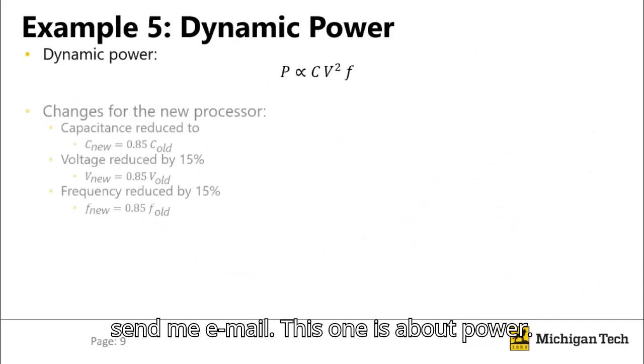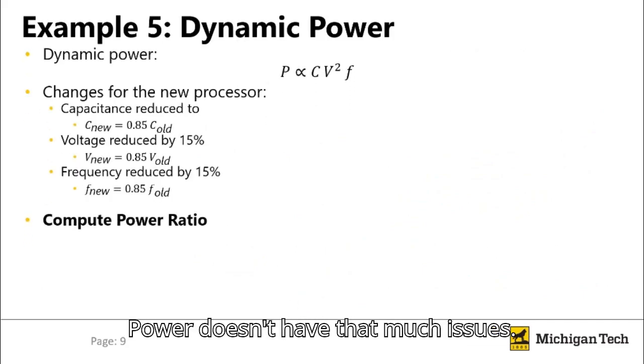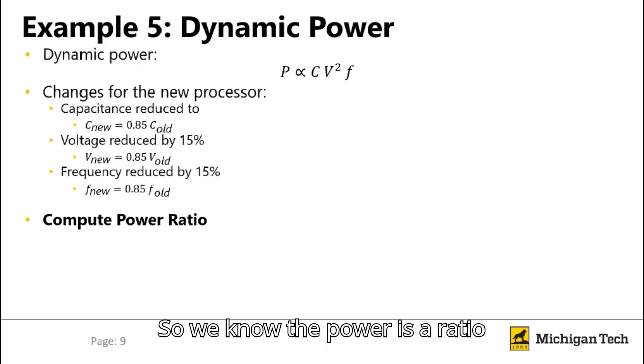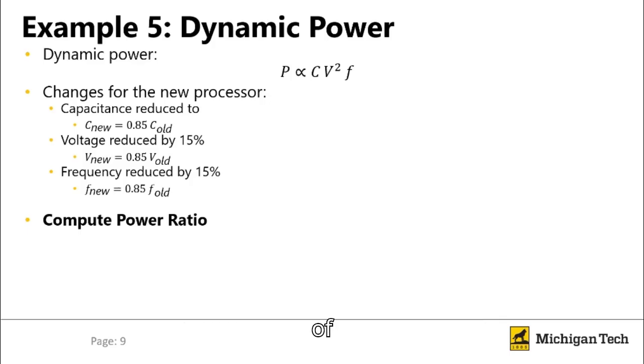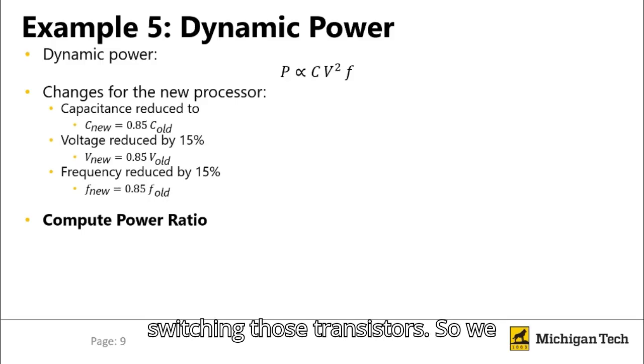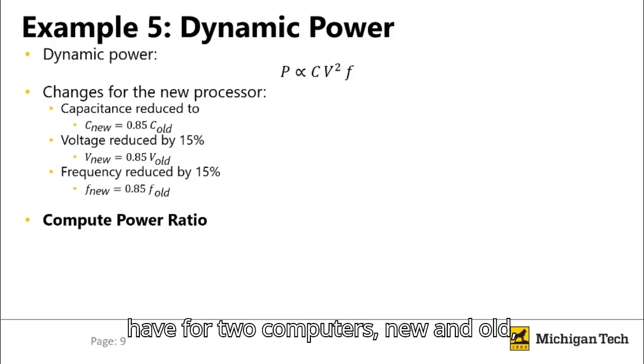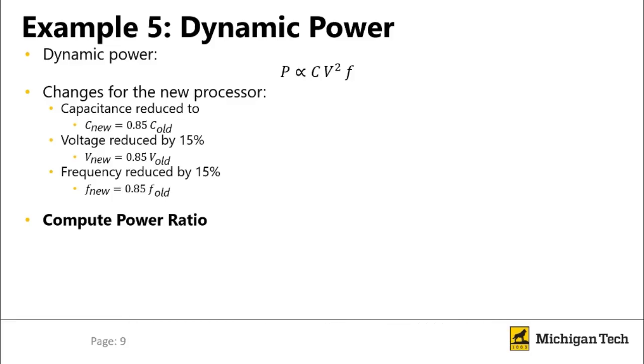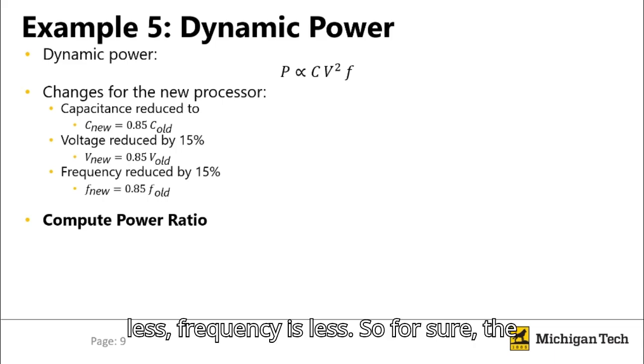This one is about power. Power doesn't have that many issues. We know power is a product of the capacitance of the transistors, voltage, and the frequency of switching those transistors. So for two computers, new and old, this changes. For the new one, capacitance is less, voltage is less, frequency is less.